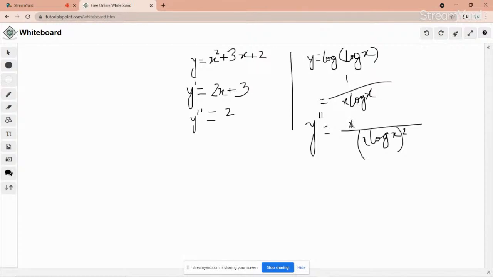Then the first term will be 0 as it will be constant because 1 is a constant, minus, now 1 we will take as a constant and we will differentiate this one. To differentiate this one, we have to use the product rule again.